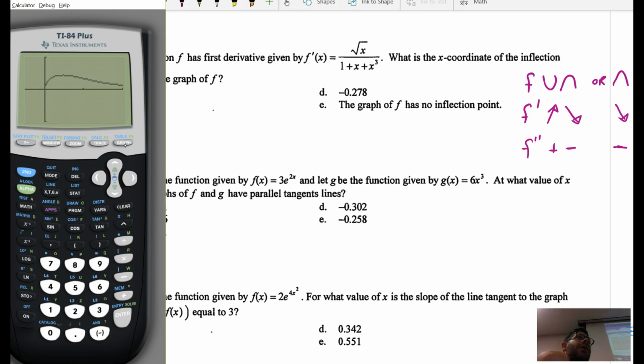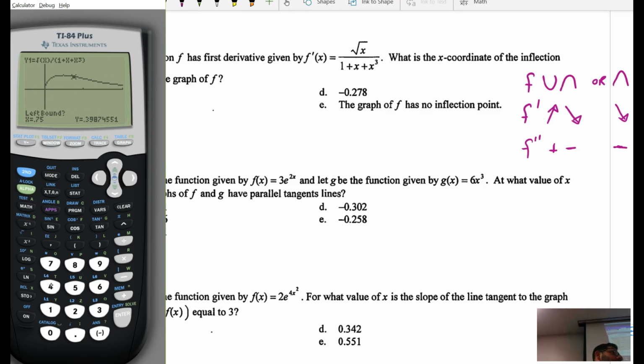Increasing to decreasing, how are we going to find that? Relative max for the derivative? We're going to calculate. So we're not going to trace, we're going to calculate. So second, calculate is above the trace. What are we calculating? A max. And we need a left boundary. So we can either scroll to the left boundary or we can type in the left boundary.